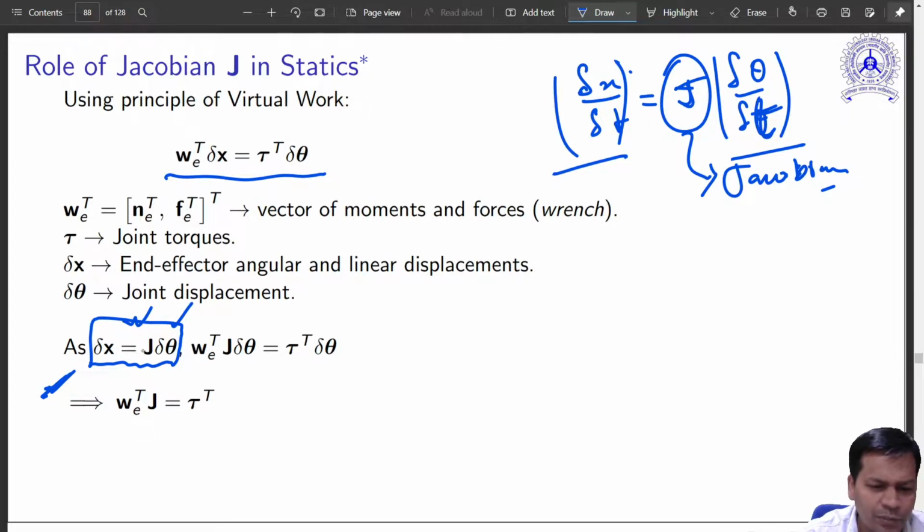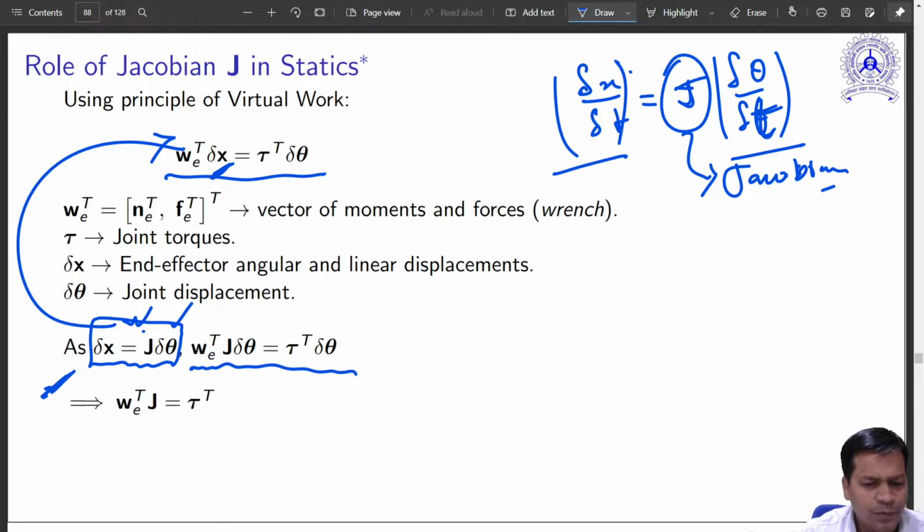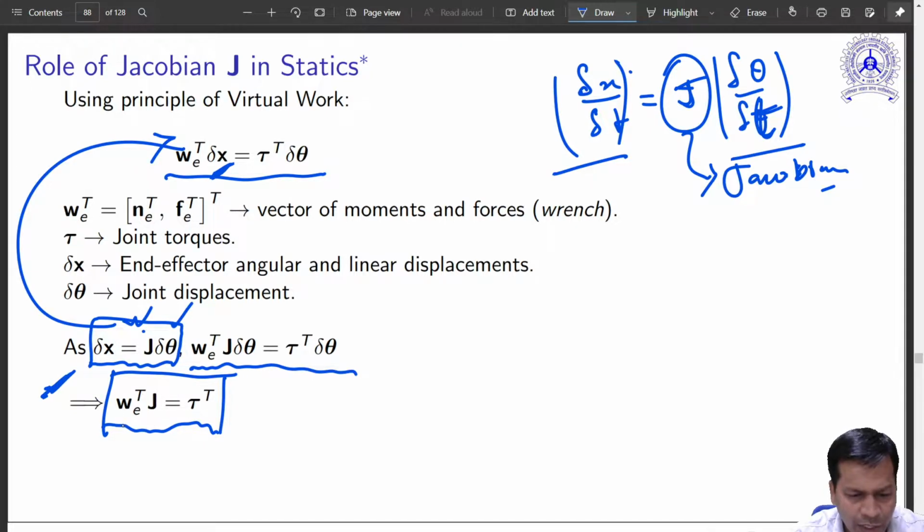Now I substitute this into the original equation. In place of delta x, I simply substitute this, and I got this, and if I cancel them out, it simply becomes this. So this is a relation between the wrench acting from outside and the torque generated on the robot as an effect of this external force.